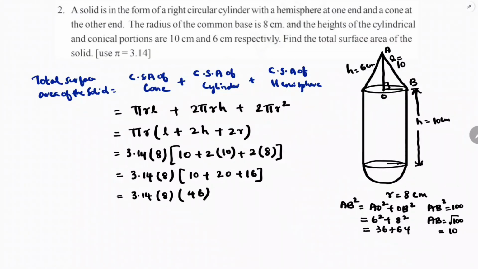Now if you multiply all these values, you'll get 3.14 into 8, 25.12, and then multiply with 46. See, you can multiply 2512 into 46. You'll get this value, 115552.